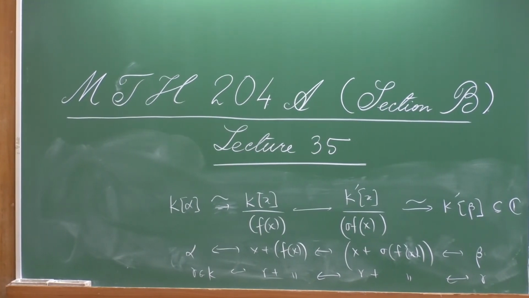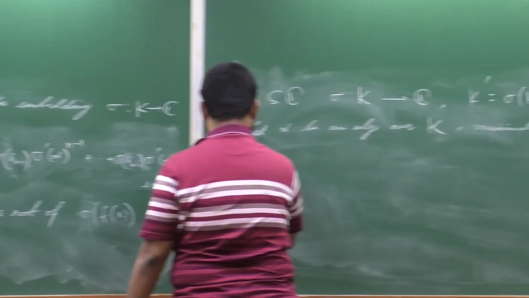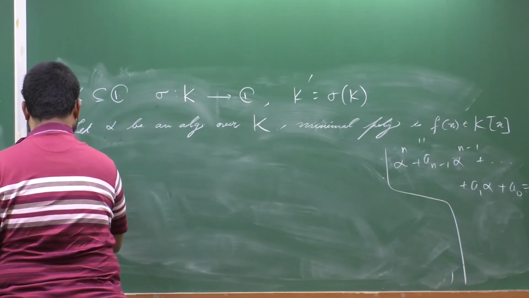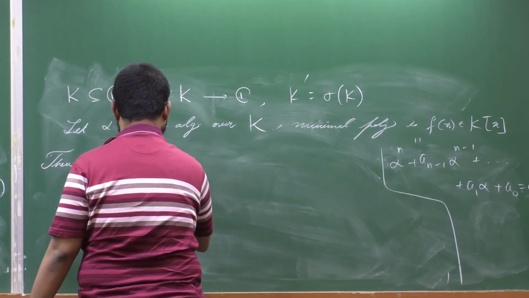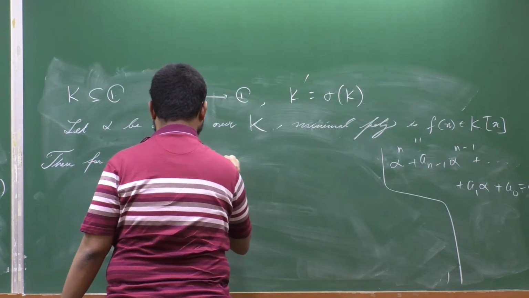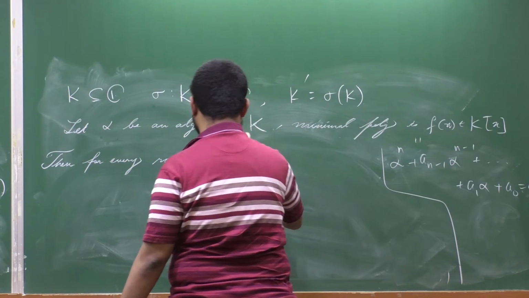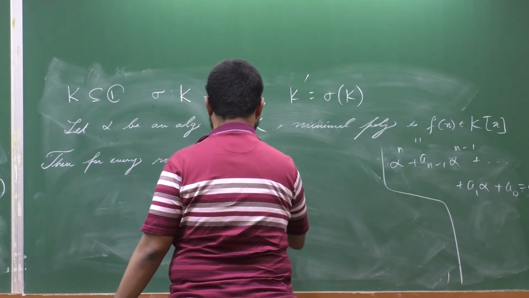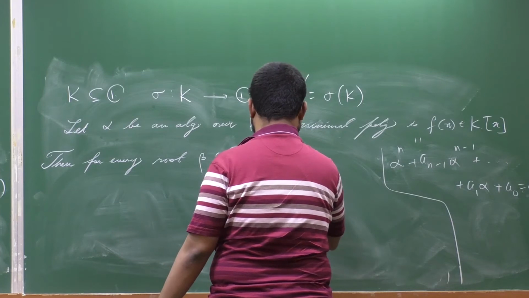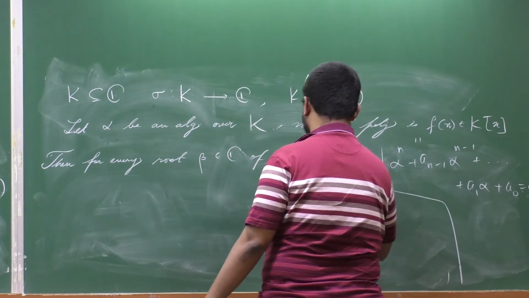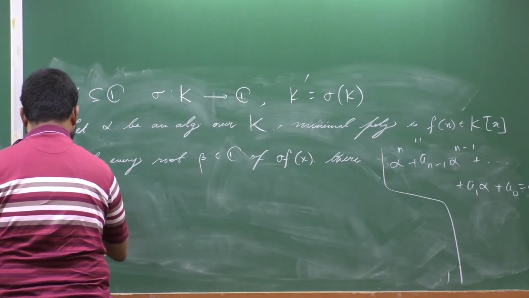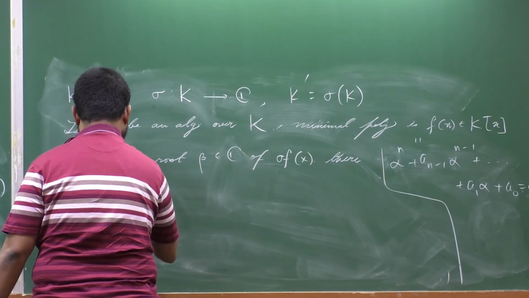Our observation is the following: alpha is algebraic over k with this minimal polynomial, then for every complex root beta of sigma f(x), there is an extension of this embedding.